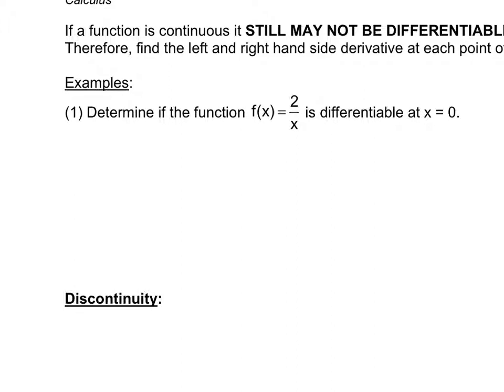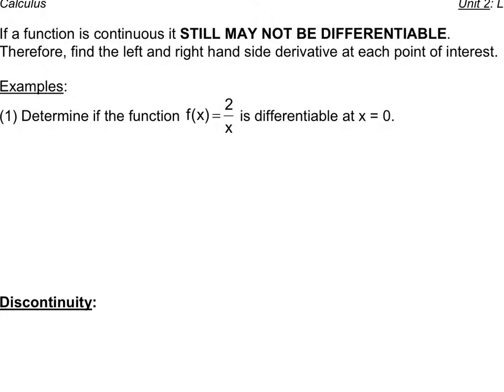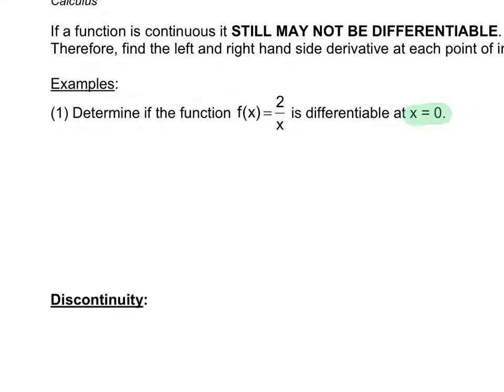They're asking us specifically to determine if it's differentiable at the point x equals 0. So I'm going to evaluate my function f of x equals 2 over x where x is equal to 0. And that's undefined.